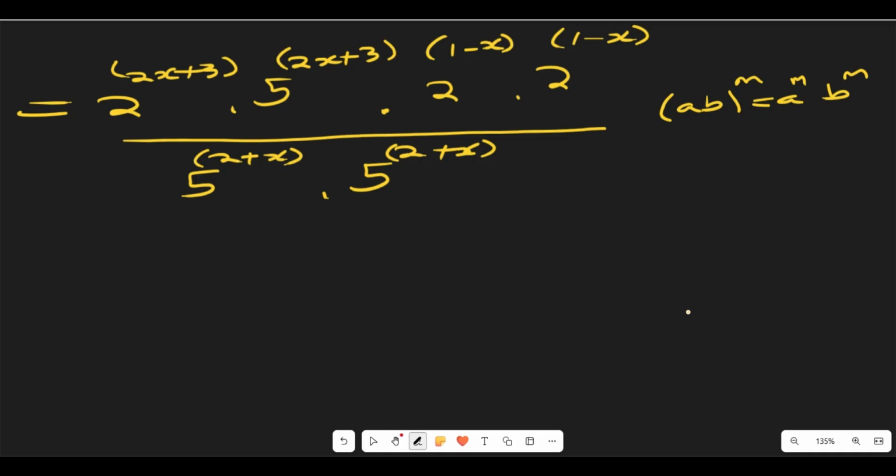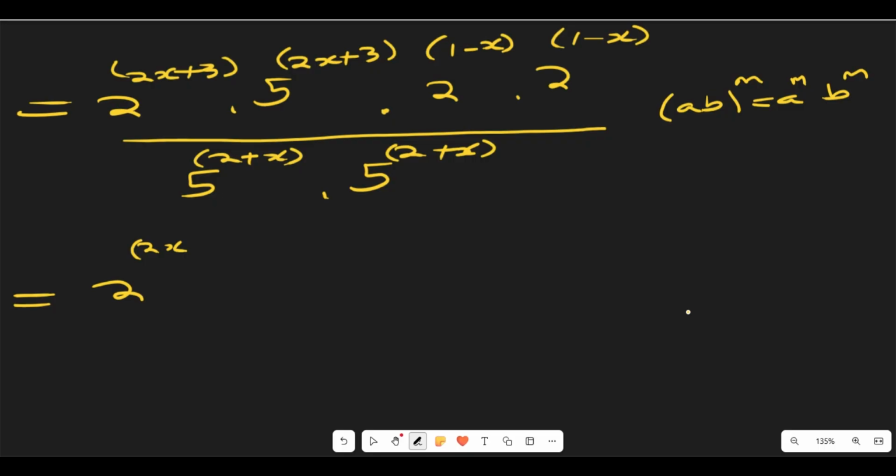So now you collect like terms. You just bring all the like terms together. So the twos, you bring them next to each other, and then we will try to take the ones from the denominator to the numerator. We'll show you how we want to do it step by step.